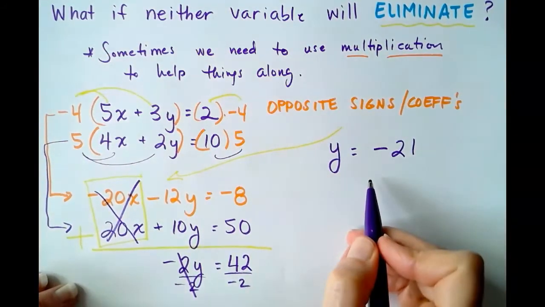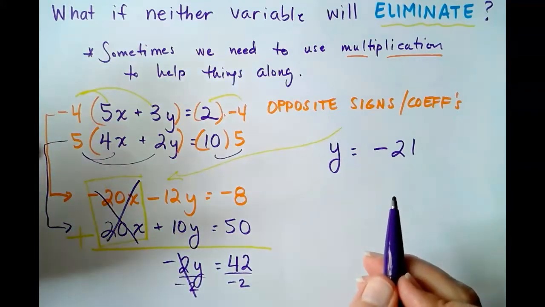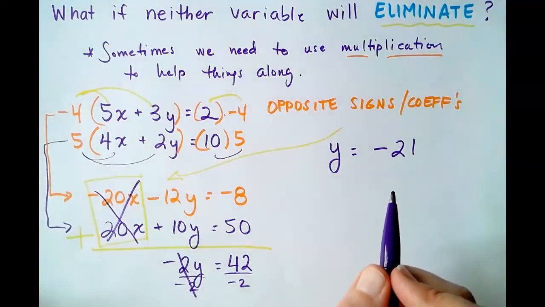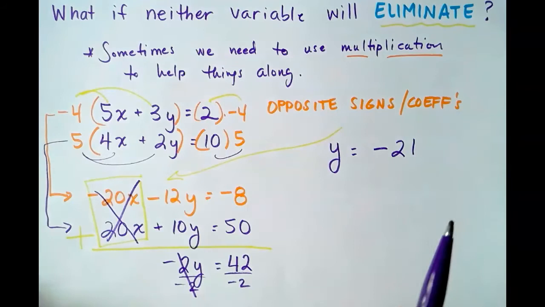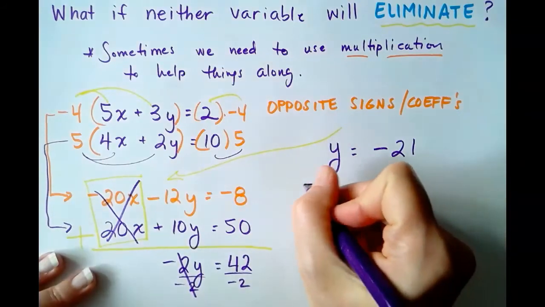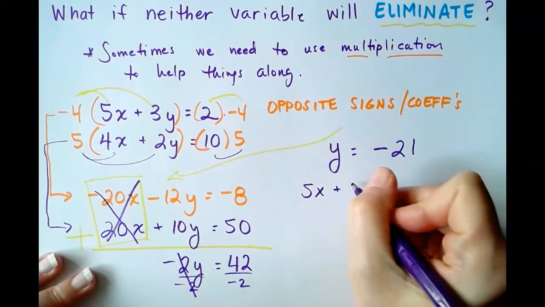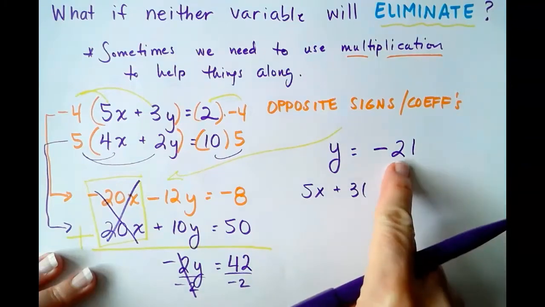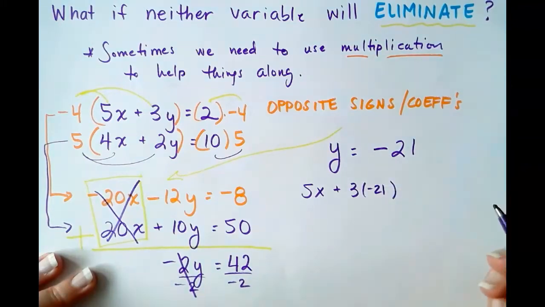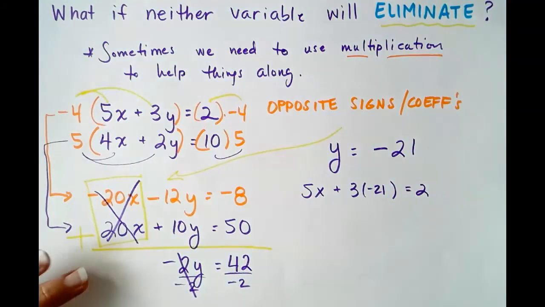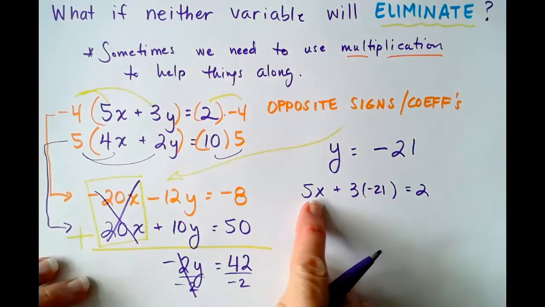So I can take my negative 21 and I can use the substitution property again. Choose either equation, it doesn't matter. I think I'll just go with the first one. So 5x plus 3 times y, which is negative 21, equals 2. So from here, let's solve for x now.